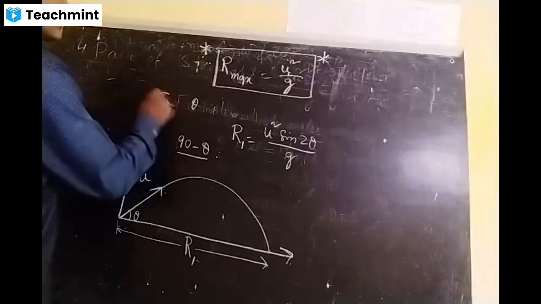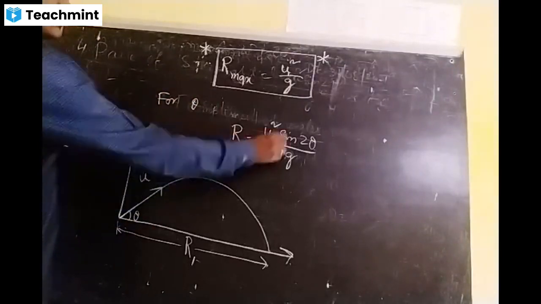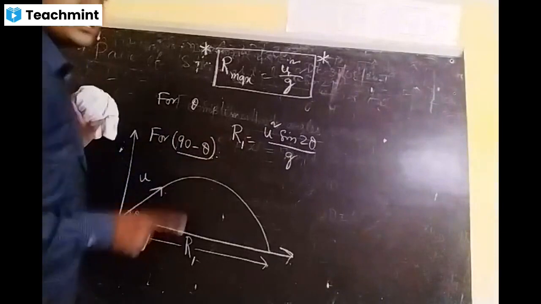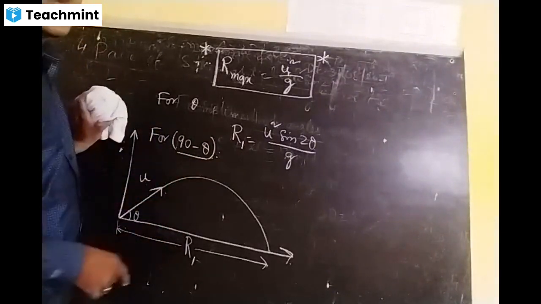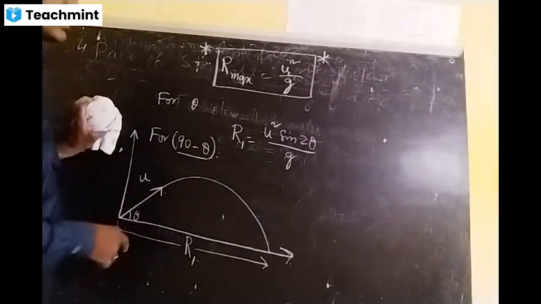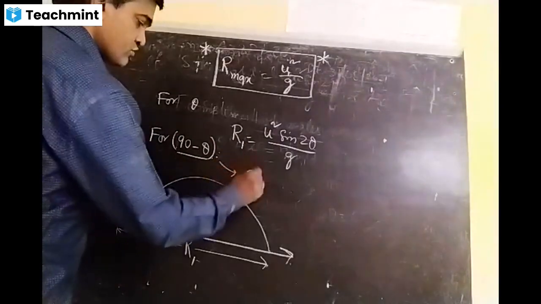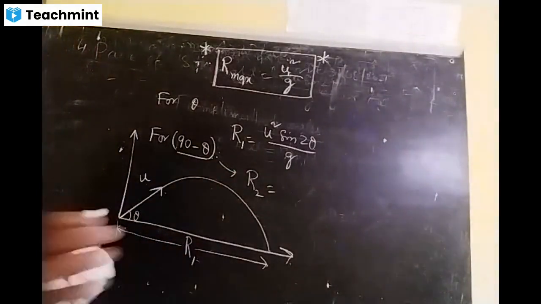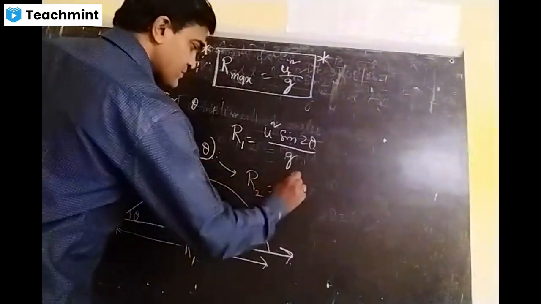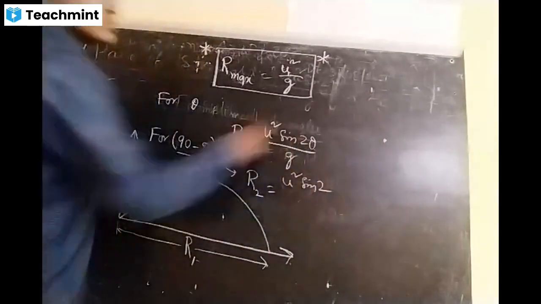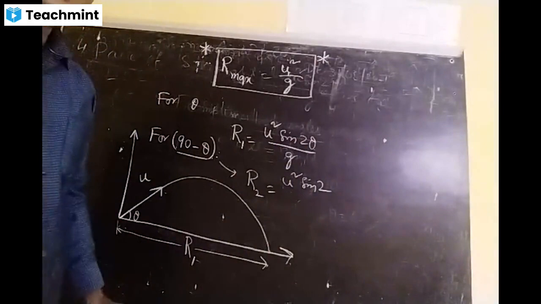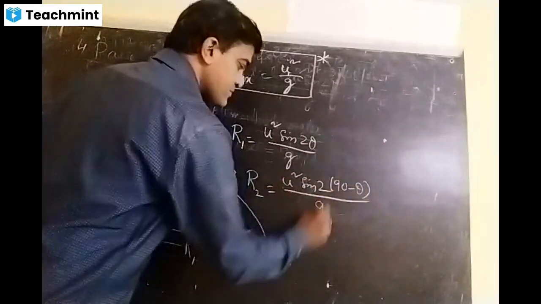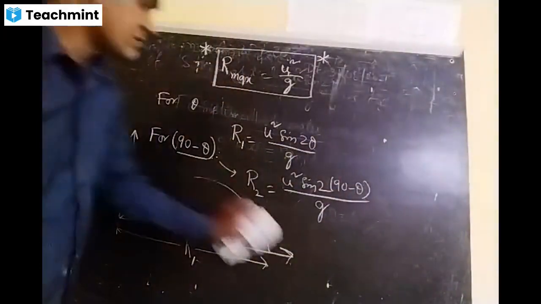For theta, I got R1 is equal to u square sine 2 theta by G. Now for 90 minus theta, the initial velocity is the same in both cases.